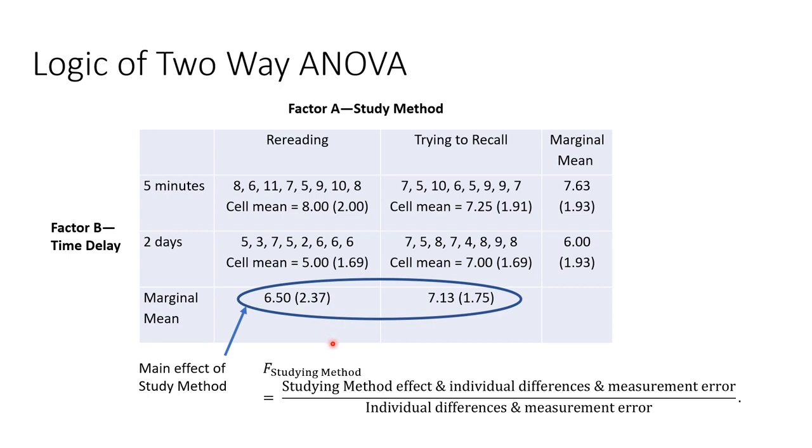Of course, what this numerator actually is, it's not literally the mean difference between these two. It's more complicated than that, but it's a measurement of the between group variability between these two things. So the main point here is, for studying method, we're comparing these two marginal means. The greater their difference, the greater your F value would be.